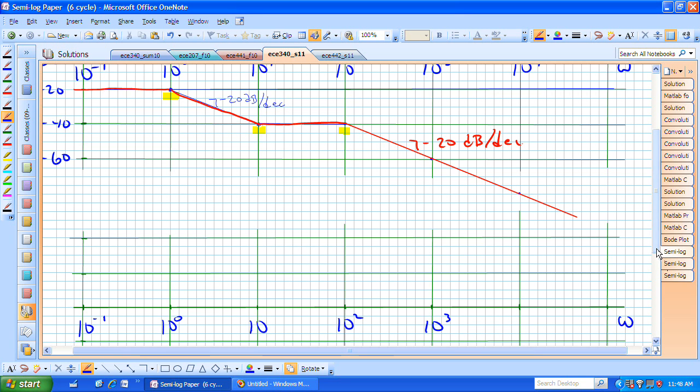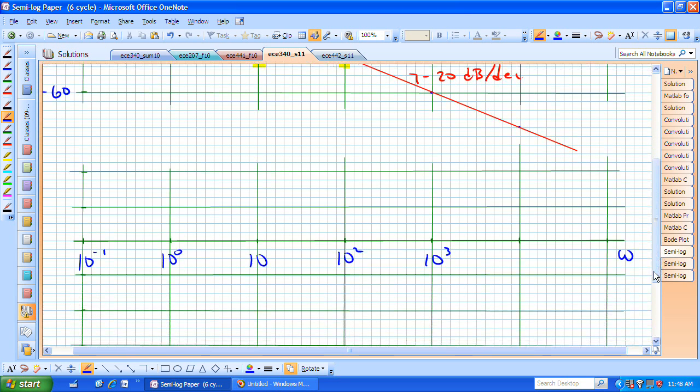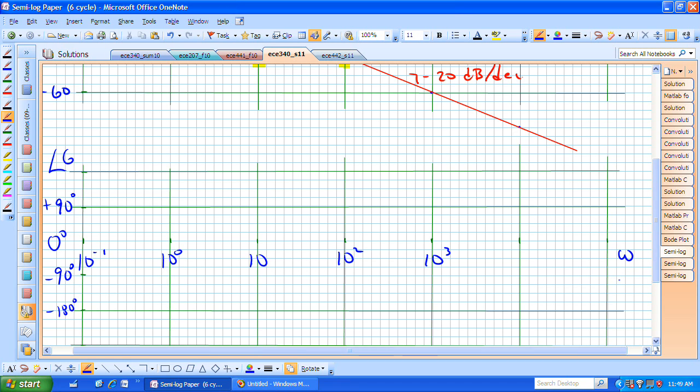We remember that we were starting at a phase of 0 degrees. Here's our phase of G. Let's say this is plus 90 degrees and this is minus 90 degrees and minus 180 degrees, and we should remember that we're starting at 0 degrees, and we said we were going to end at minus 90 degrees for large frequencies.